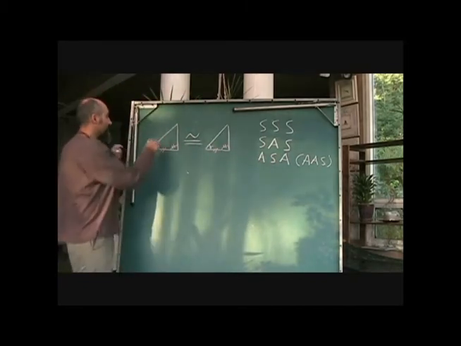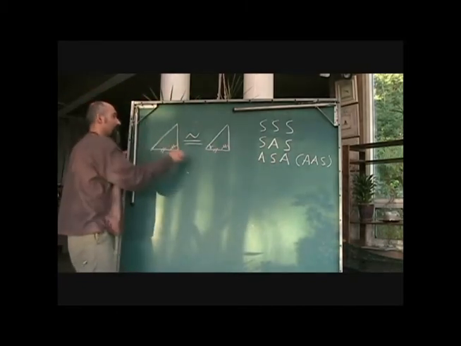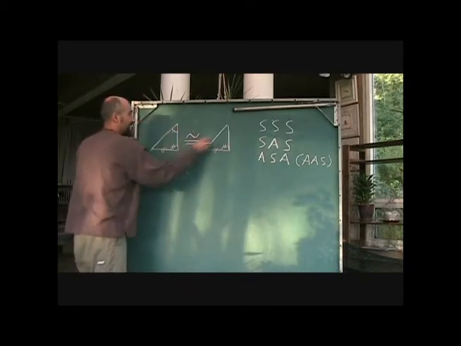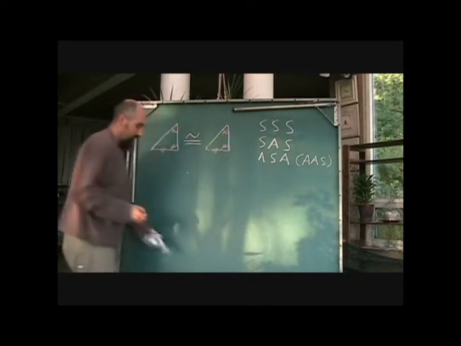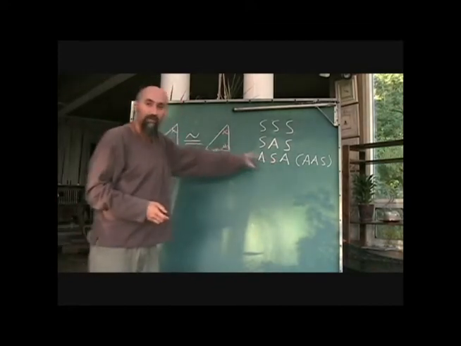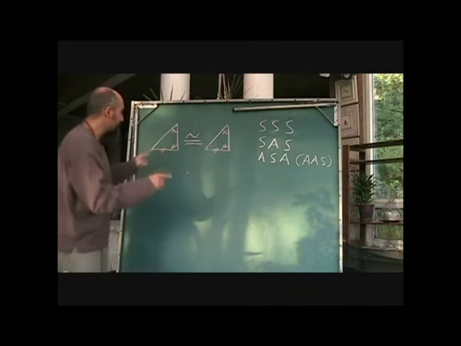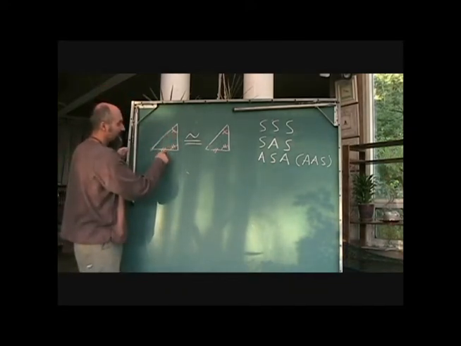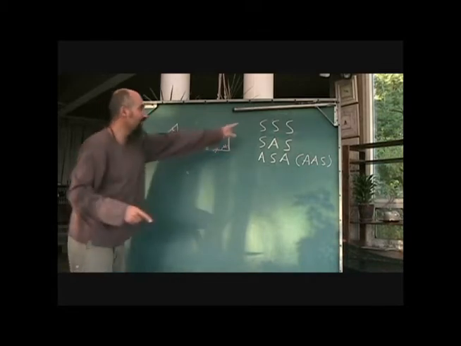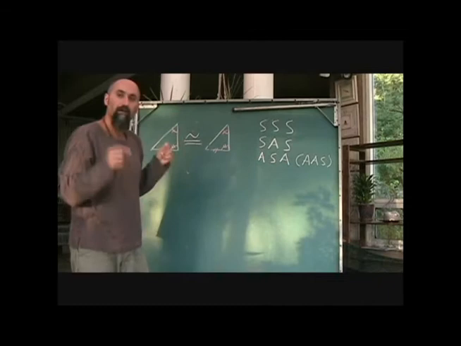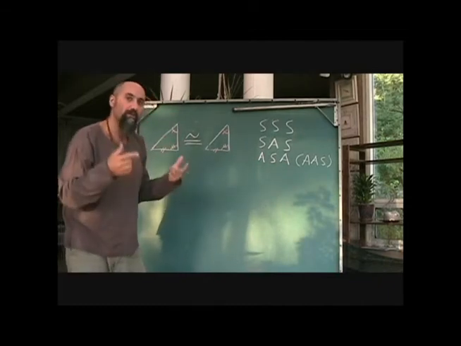Now, in this situation, if they give you, let's say, this angle equals this angle, right now you don't have angle, side, angle, because they have to follow each other. You can't skip anything. So right now you have angle, angle, side, and you're skipping a side. So you have neither of these three situations. But the sum of the angles in a triangle equals 180.